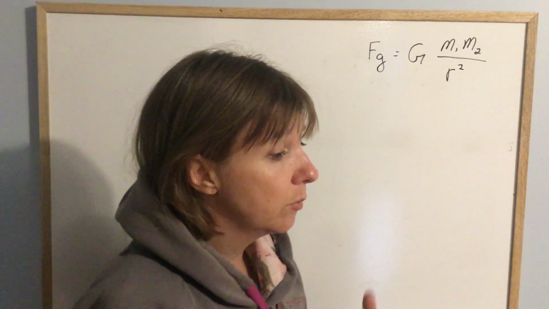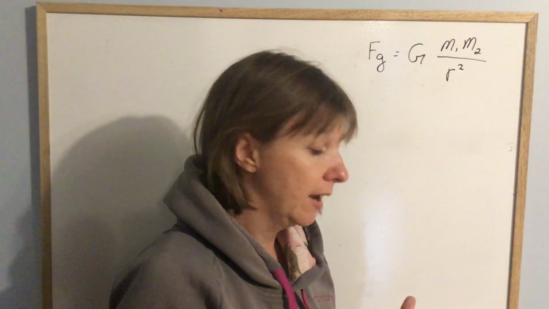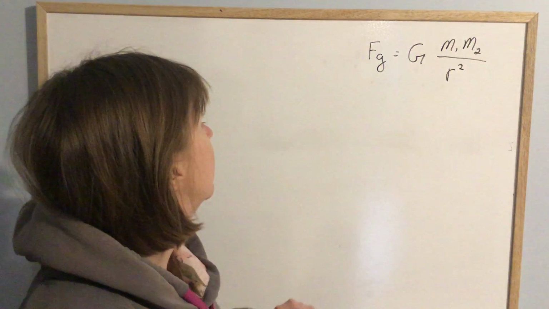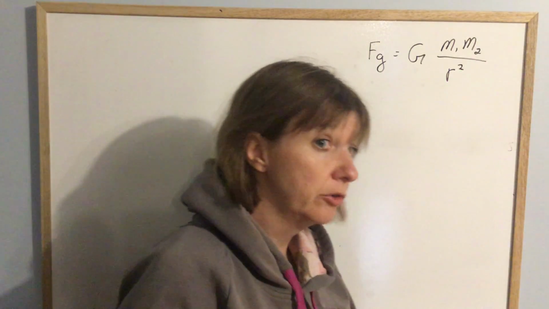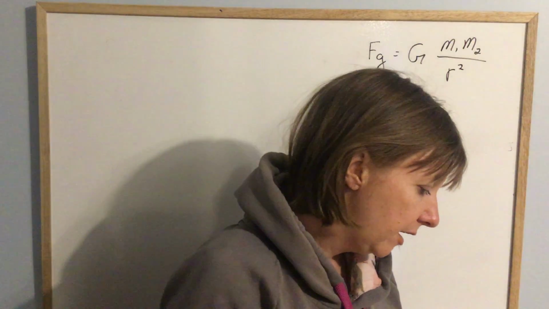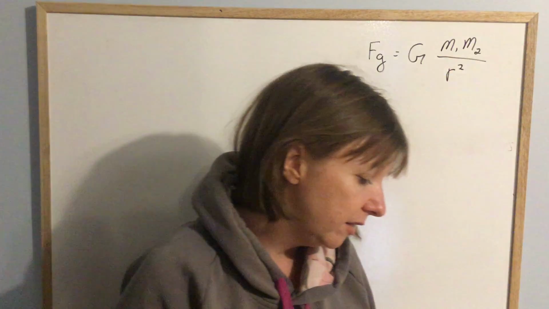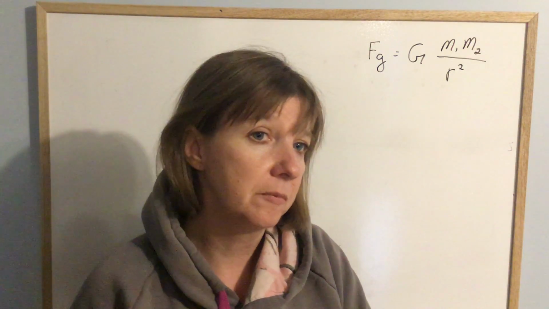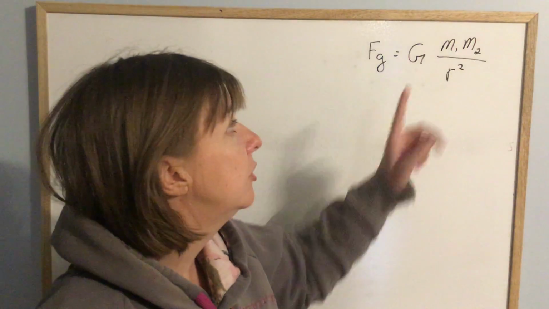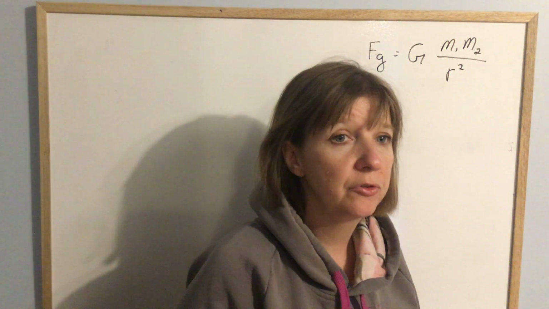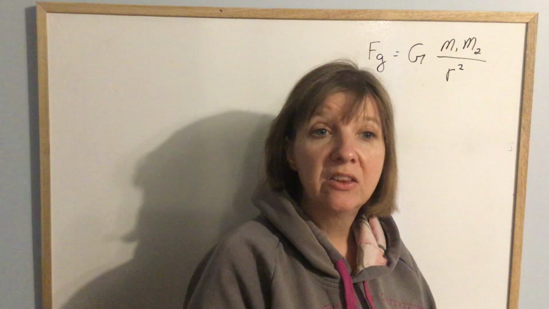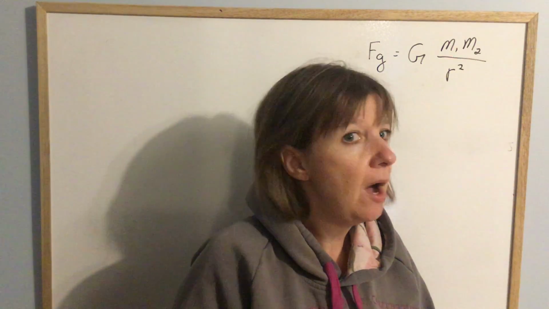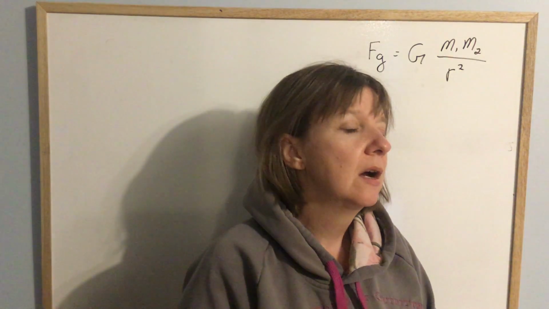Now, he knew that there was another number that needed to be in that calculation, and so he represented it with a large letter G, and it's called the universal gravitational constant. So big G is the universal gravitational constant. It's just a constant, like pi or something like that.